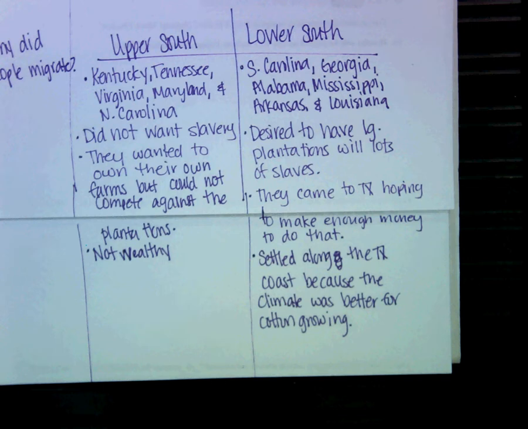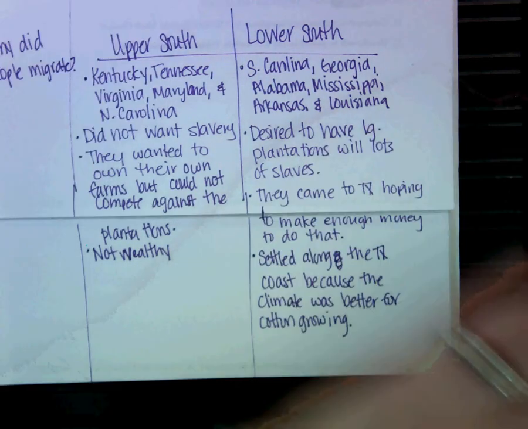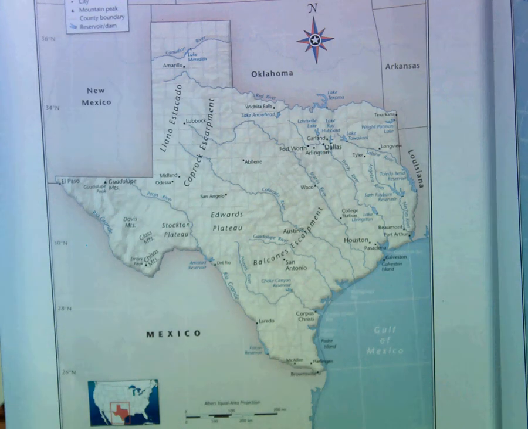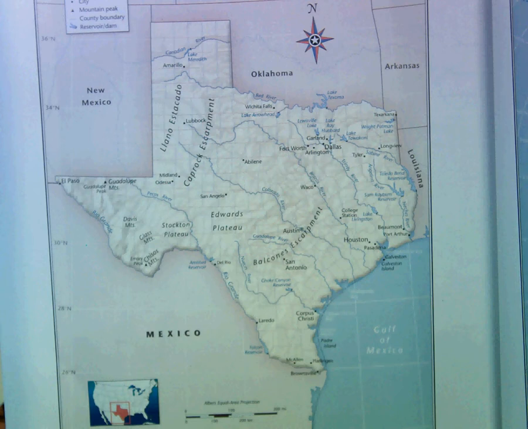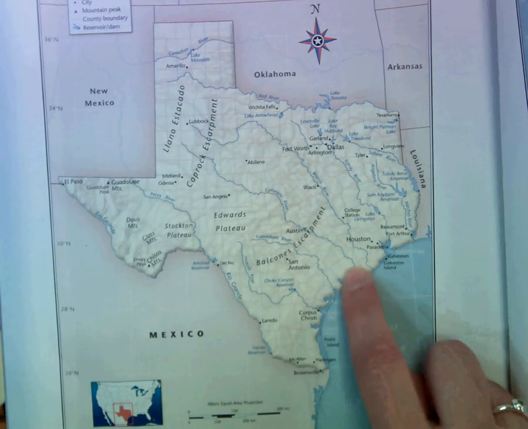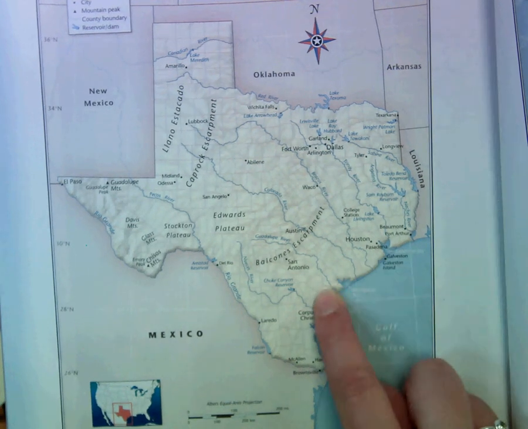Okay, so let's look at a map of Texas. Let me pull up a map of Texas. Looking at this map, where do you think most people will settle? Where do you think the people from the Upper South or Lower South settled? Along the coastline. Where else do you think a lot of the people are going to settle?